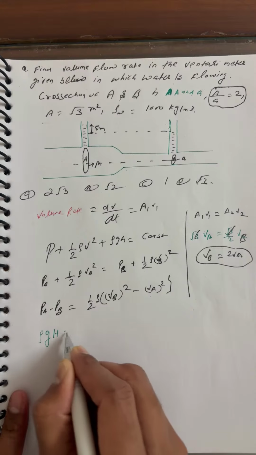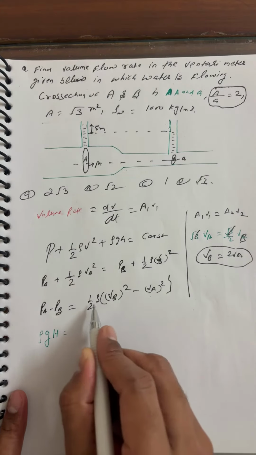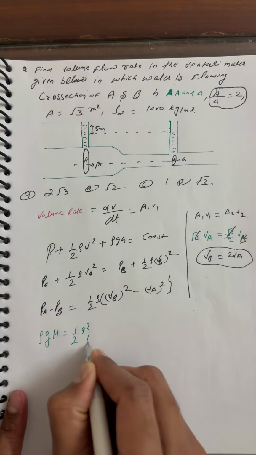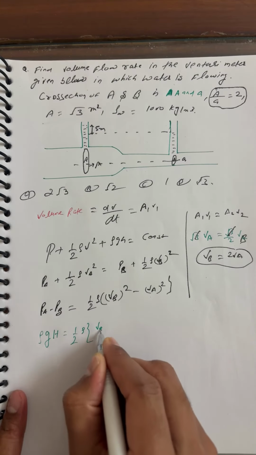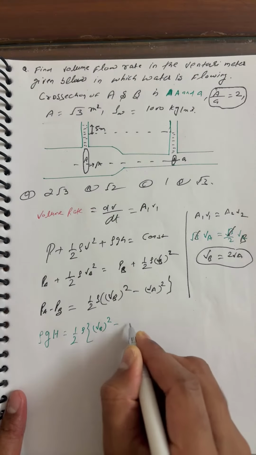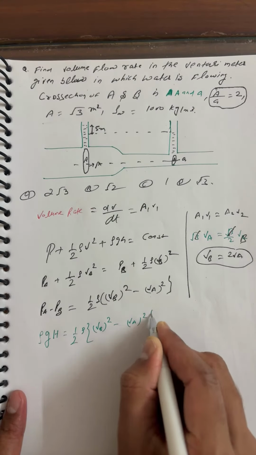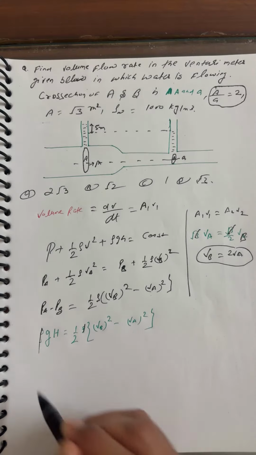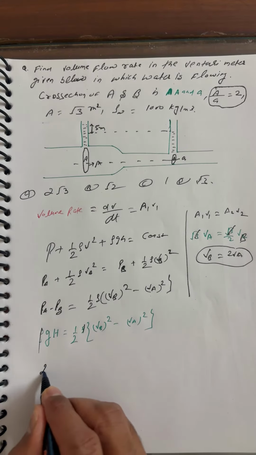Rho GH is equal to half of rho, already I have taken common, VB square minus VA square. Since you can cancel this rho, this rho.